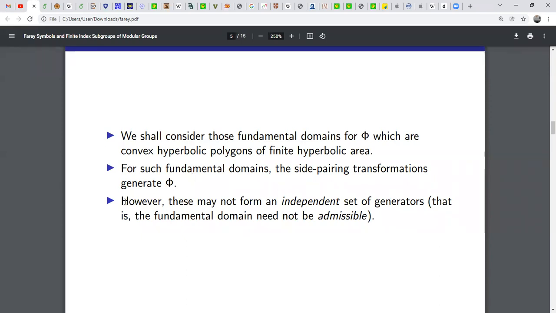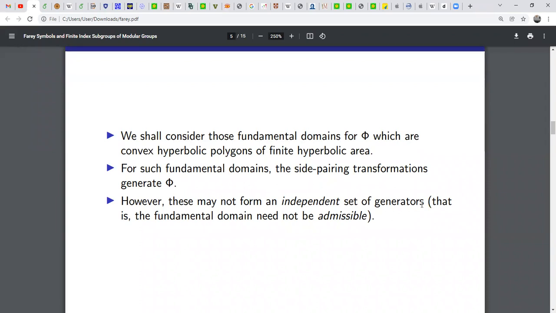However, these may not form an independent set of generators. That is, a set of generators of a group is called independent if, suppose x1, x2, up to xk are the generators, the group itself is the free product of the cyclic groups generated by each xi. Then it is called an independent set of generators.